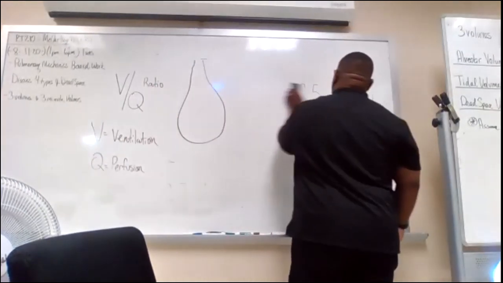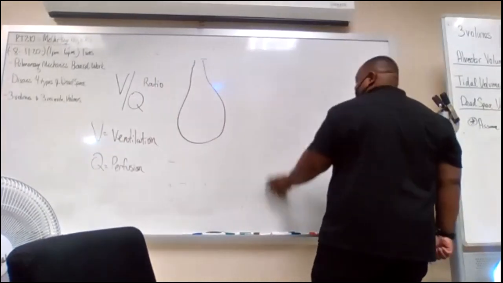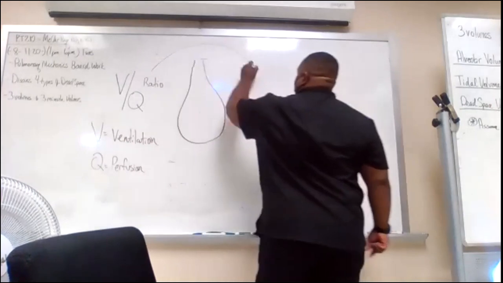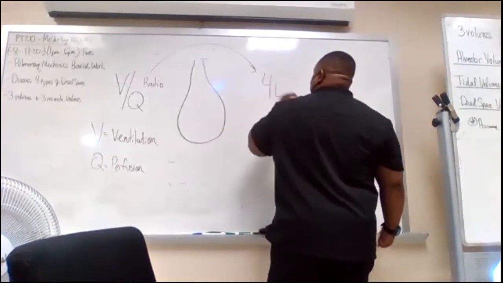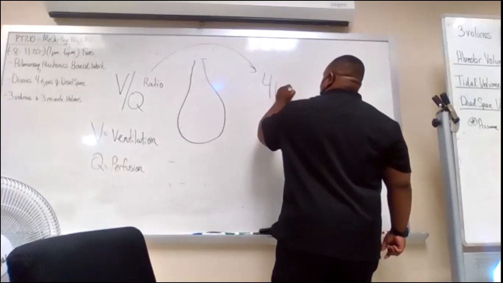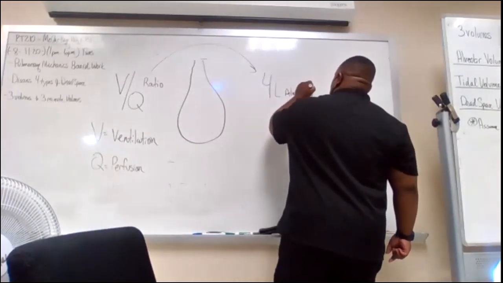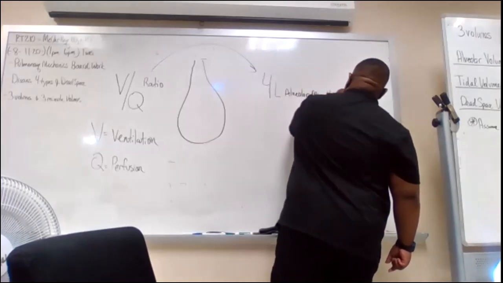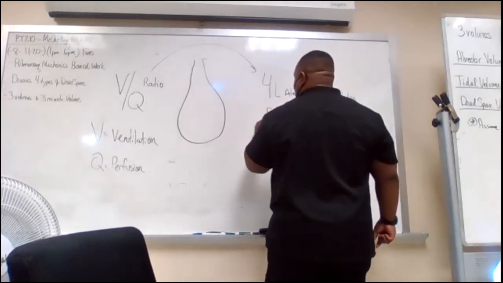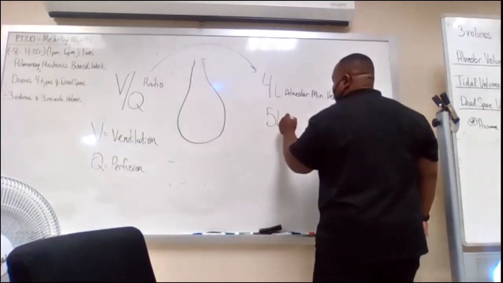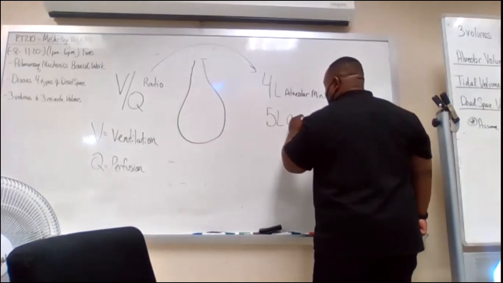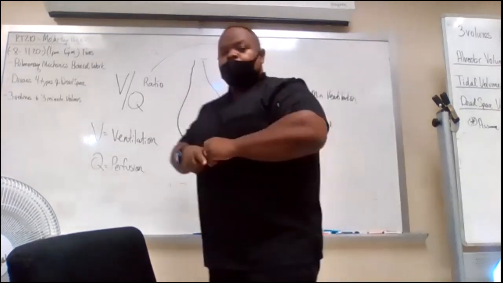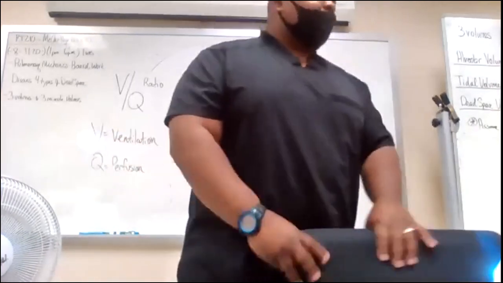What I'm getting is 4 liters per minute of alveolar minute ventilation to 5 liters per minute of cardiac output. That's normal, 4 to 5.